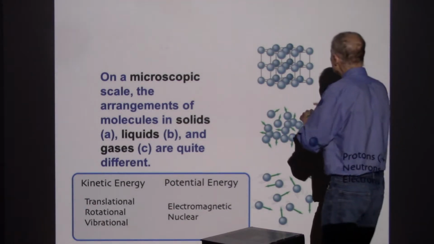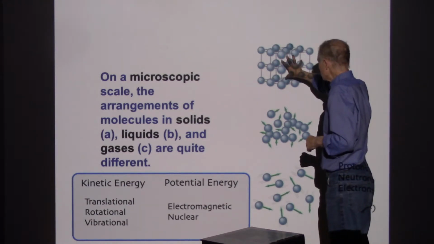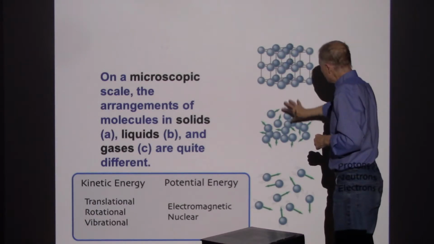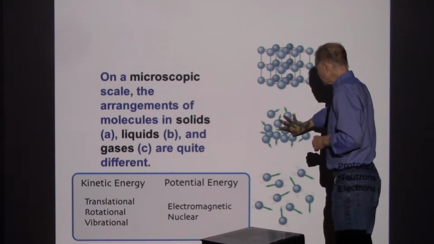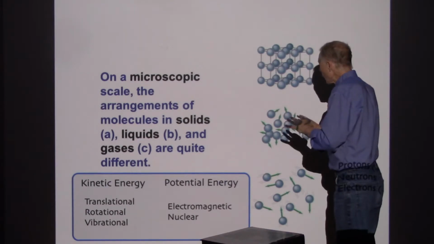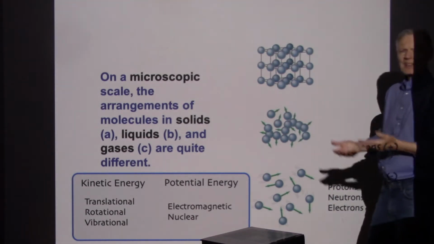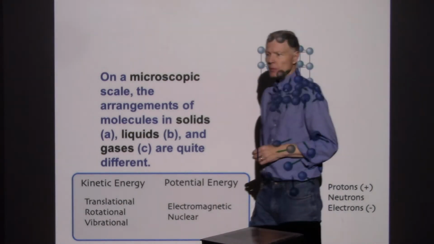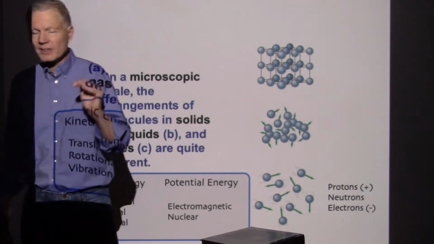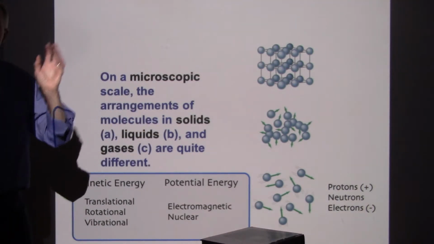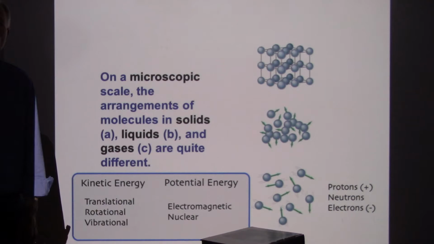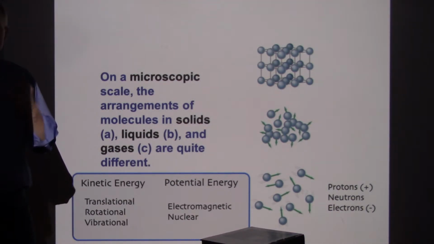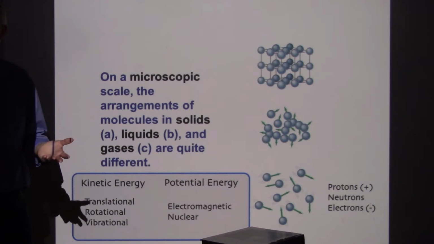And there's a lot of attractive force here, which we say is a potential energy locking this into place. There's less attraction here, and so it's not locked into place, but there's still an adhesion between the molecules. And here the kinetic energy dominates. So instead of the potential energy, it's the kinetic energy that dominates, and the molecules just take off at vaporization. And at that point, they're fairly independent of each other. The potential energy effects kind of go away.